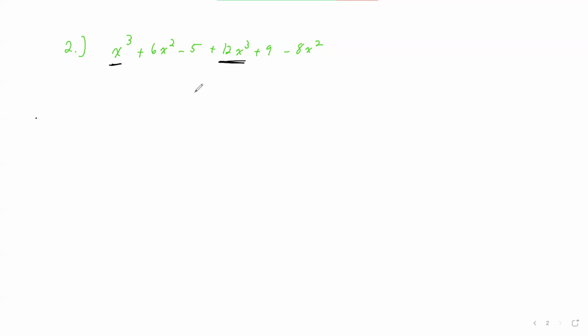And what would x cubed plus 12x cubed give me? Very good. There's an imaginary 1 in front of that x. So this becomes 13x cubed. What will be your next degree? And what can I combine there? Oh, you already combined the 12. So you want to do the negative 8.